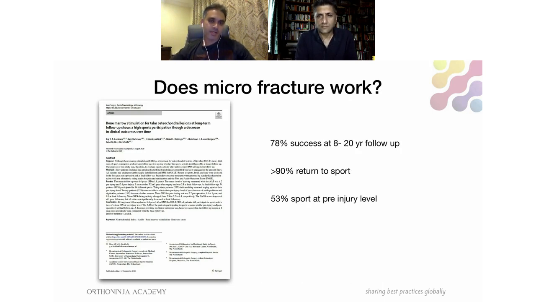This is a paper which has the longest follow-up in athletes who have had microfracture, because essentially high demand activity levels. And they have found 78% success rates at a mean of 6.5 years follow-up with athletes. Over 90% returned to sport, and 53% went back to sport at a pre-injury level. So microfracture does work.